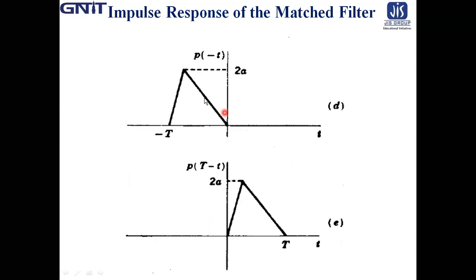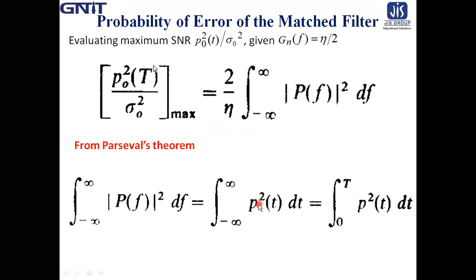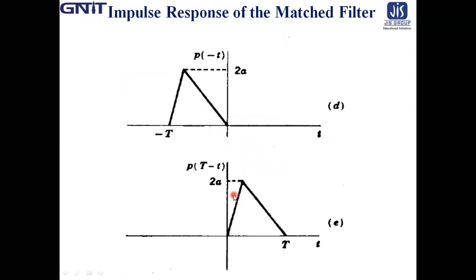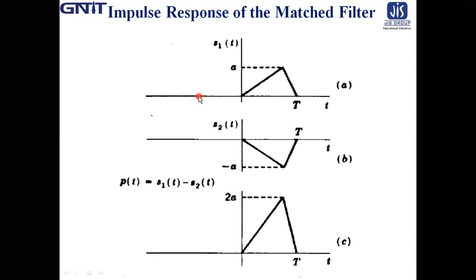Now p(T minus t) is just shifted by T. It is not exactly the same as p(t); these two lengths are different, which is why I consider this not exactly a triangle.